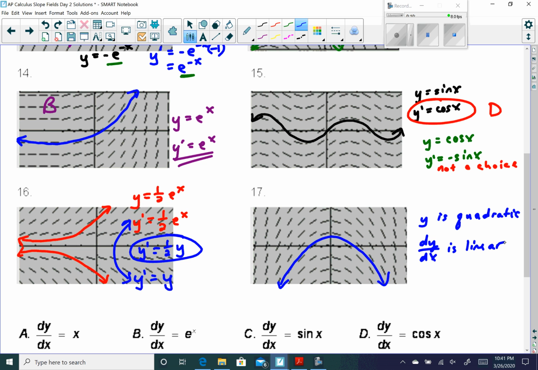So if we're looking at some choices, the only two left are A and F. And if we're looking here with A, it has to equal x. So if we're at 1, we should be seeing a positive slope. But if you notice, all of these slopes where the x values are positive are actually negative. So dy over dx is going to equal the opposite of x, which actually gives us choice F.